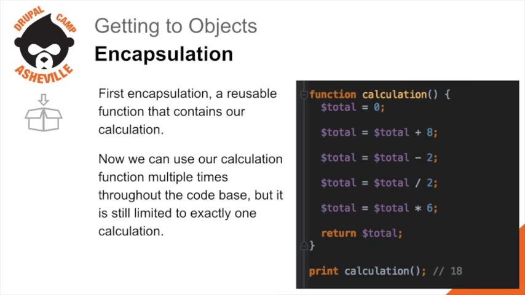Say it's needed when someone visits one page and when they check out on their cart. Now I don't have to retype this code over and over and over again. I just run this function called calculation. So step one, we've got our business problem. Now let's wrap it all together into a thing. And we've encapsulated it. We've made it more reusable.